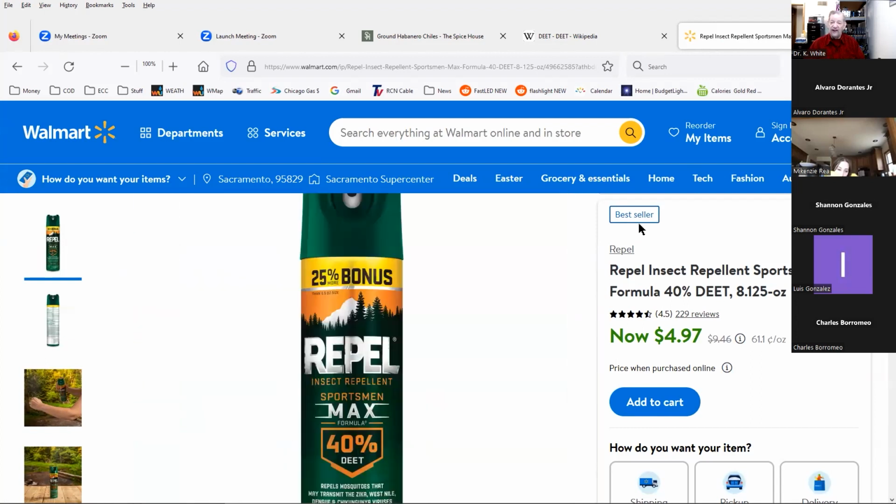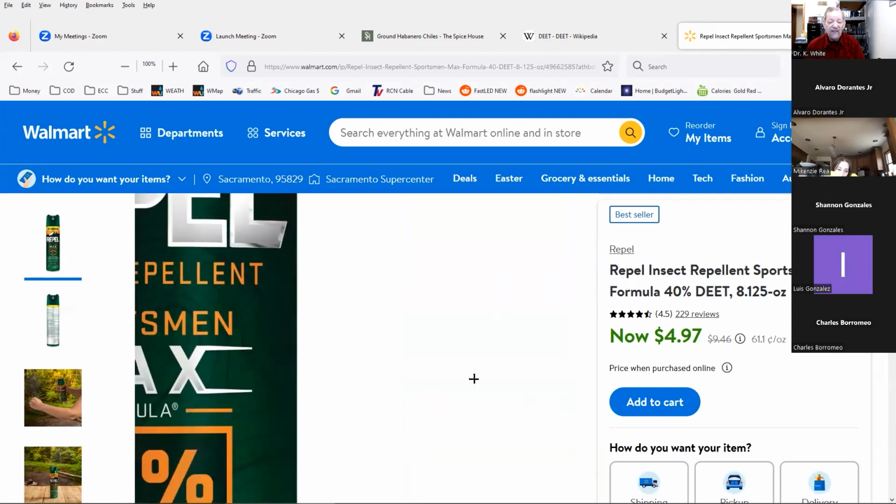This also had, are you ready for this, twice the amount of DEET in it per can. One was, I'm just guessing the numbers, 1%, the name brand, and the Walmart brand had 2%. So they have twice as much of the active ingredient, DEET, and it's a little cheaper. Well, it's a no-brainer. I bought that.